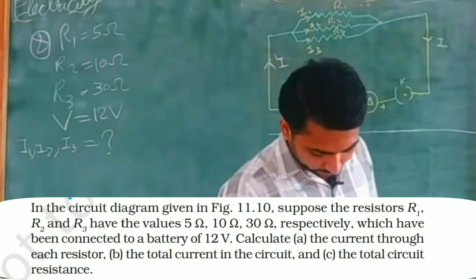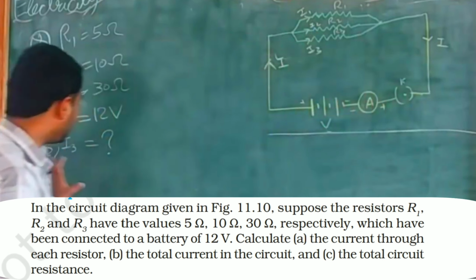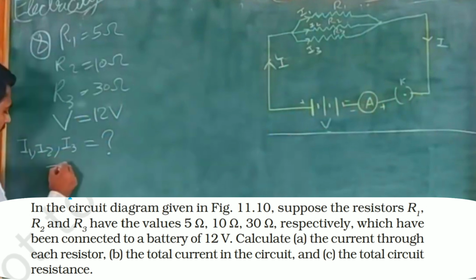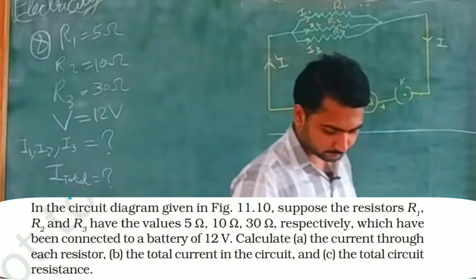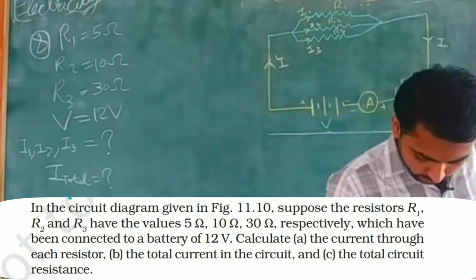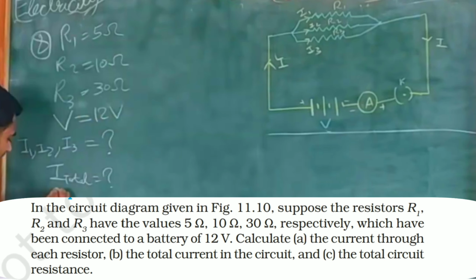Then after, the total current in the circuit. After finding this I1, I2, I3, I have to find I total. Clear? Then the total circuit resistance, I have to find the total resistance, that is R total.